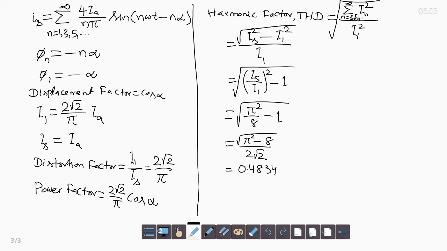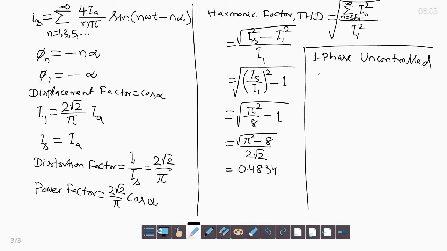Then the same thing can be extended for the single phase uncontrolled rectifier, uncontrolled converter, or simply you can say diode rectifier. So a diode rectifier is a case of single phase converter when alpha equals 0, because a diode is a simple device which turns on when it gets a forward voltage across it.